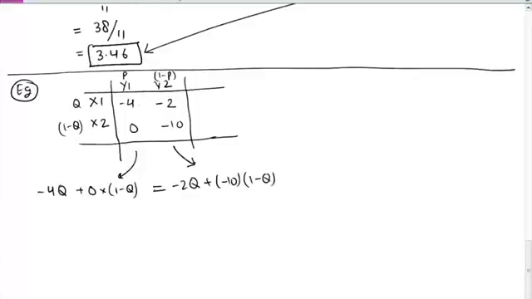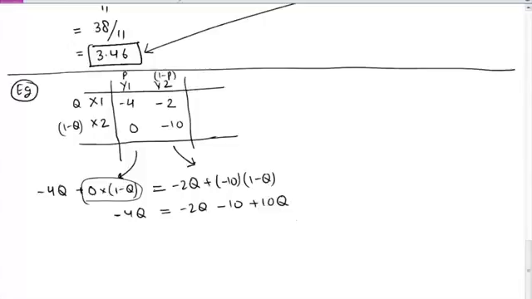So we are using these values here in the payoff table and multiplying by the proportions. If you simplify this, this whole thing becomes 0, so you are left with negative 4q. And if you simplify this, you get negative 2q, negative 10 plus 10q.